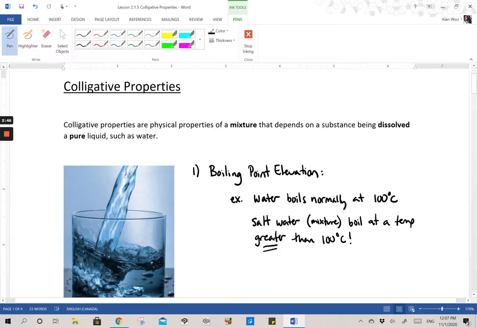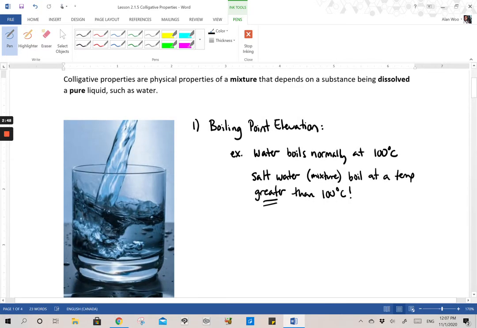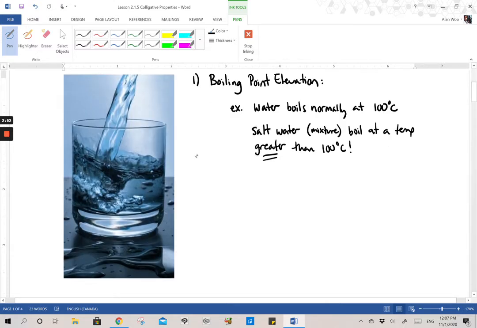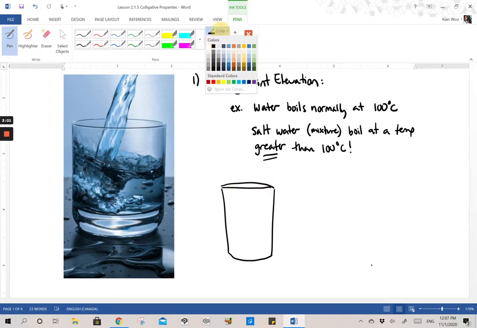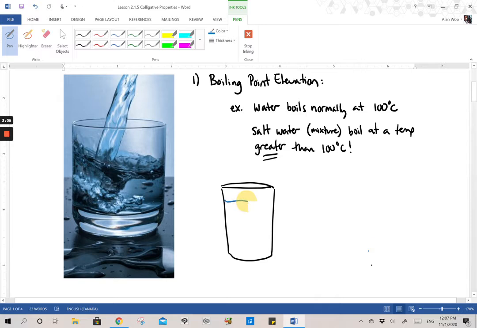Okay, so let's just look at what's going on at a molecular level. So if we drew a glass of water, and I'm going to keep it fairly simple. Okay, so I have these blue molecules here that represent water molecules.